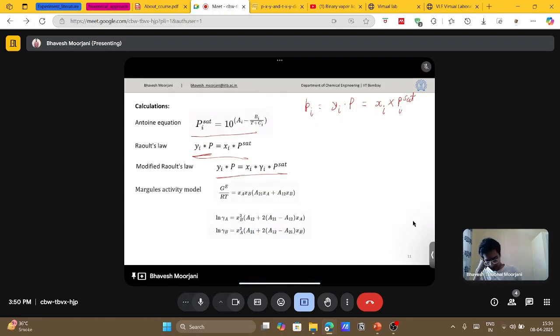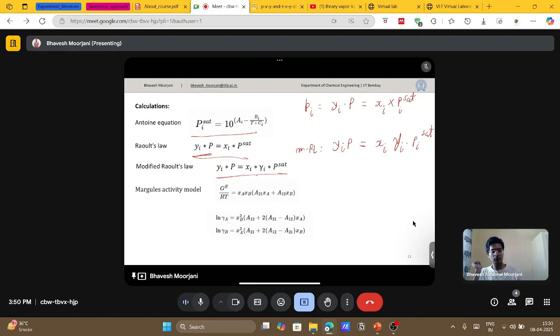So for that, we include the non-ideality constant in a modified Raoult's law. That assumes the vapor phase follows ideality, and for the liquid phase, you have this activity coefficient for a given component. So this is our modified Raoult's law.